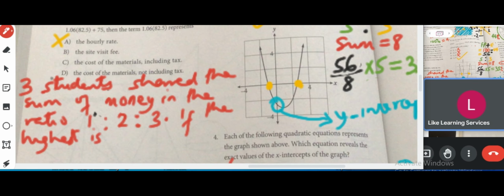I'm trying to set the equation in my mind. Okay, the highest share is 180. Let me see. 180. Okay, if the highest share is $180.